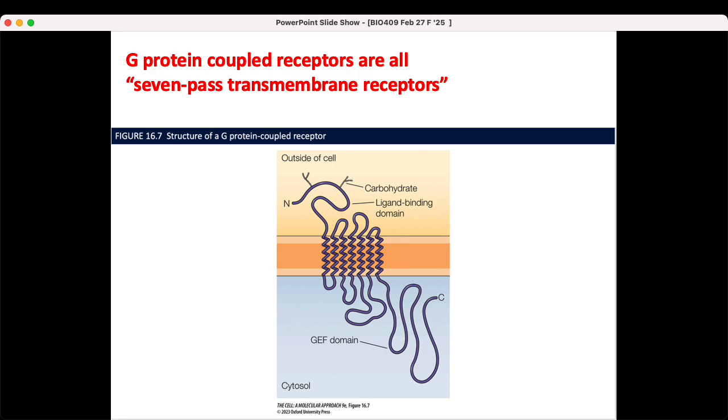You say, show me all the proteins that have 7 hydrophobic domains like that. And you do that not by looking at the proteins, but by looking at the coding regions in the DNA. So when scientists were able to analyze lots and lots of DNA sequence, they could search for lots and lots of G protein coupled receptors.